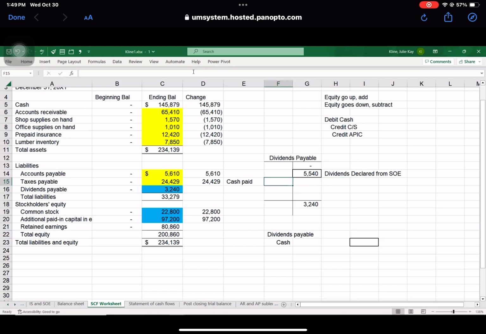The cash paid number, if we think about how a T account works, here's my quick T account explanation. The beginning balance plus the transfers in is going to equal the ending balance plus the transfers out of that account.